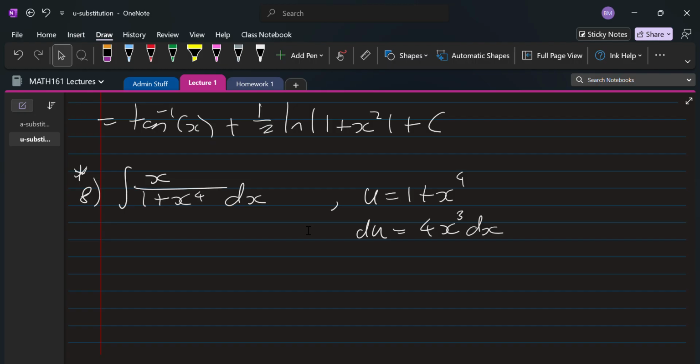So what do we multiply by? Good. How do we get that? Yeah, so we can take the 4 across. So we've got 1/4 du is x cubed dx. That takes care of the right-hand side, and then the left-hand side.